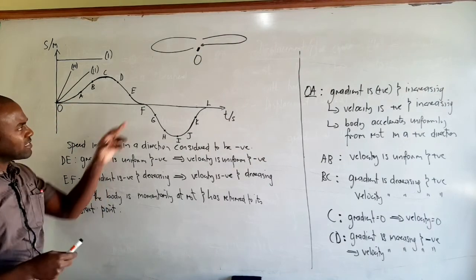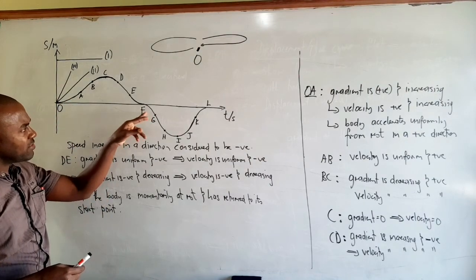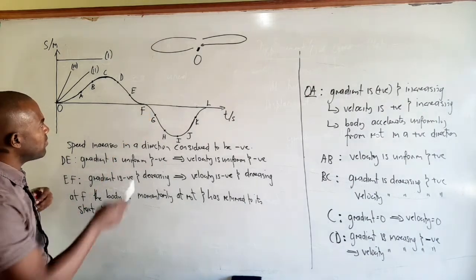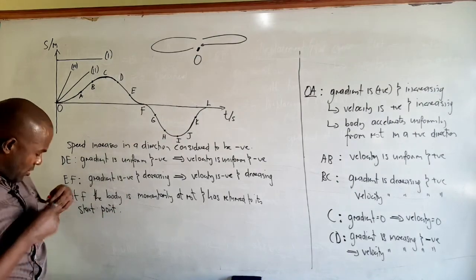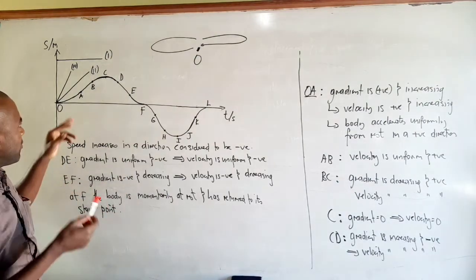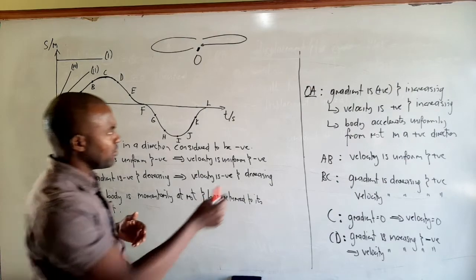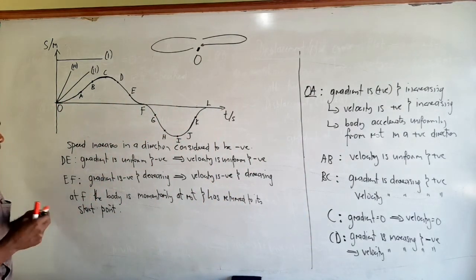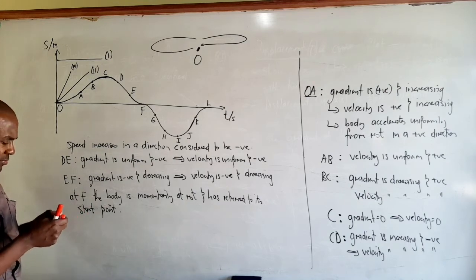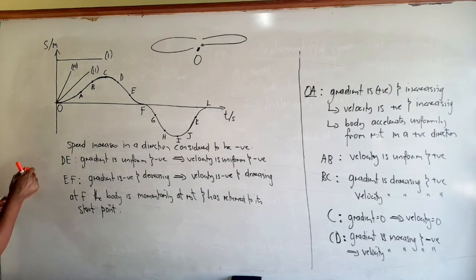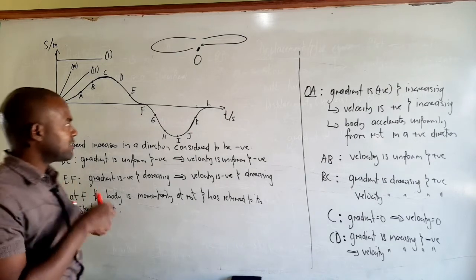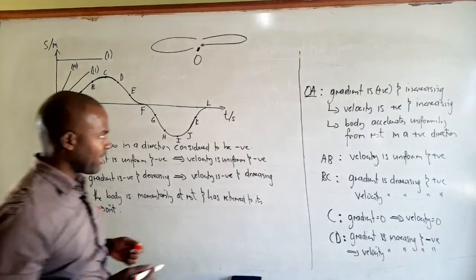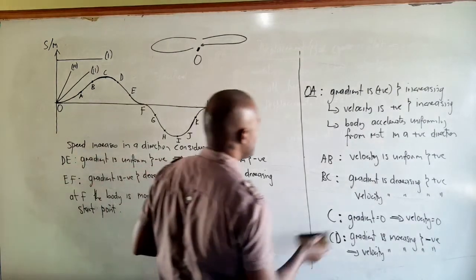So we said that basically at F, the graph is flat, so the gradient is equal to 0, which means the velocity is momentarily 0, and the body is momentarily at rest at F. Now, what we will recognize is that what we've analyzed before will be very similar to these portions, so we'll just change the letters and change information accordingly, right? So let's look at FG. Now, FG, the gradient is negative and increasing. So with FG, let me just remove these letters.